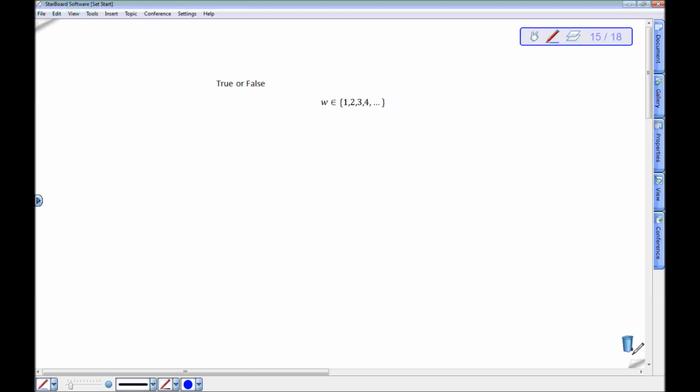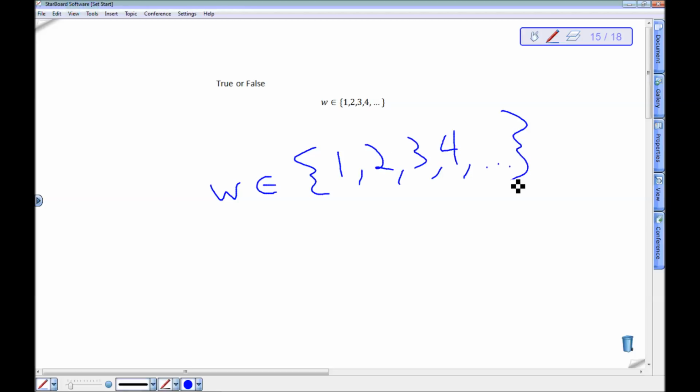All right, true or false? W is an element of the set with the members 1, 2, 3, 4, and so on. Now, you may think, oh, I need to be careful here. What if W is somewhere in that set? But remember, when we're talking about sets, we're all trying to work together. If I write this description of a set, it's my understanding that you will say, hey, the next thing after 4 should be 5.